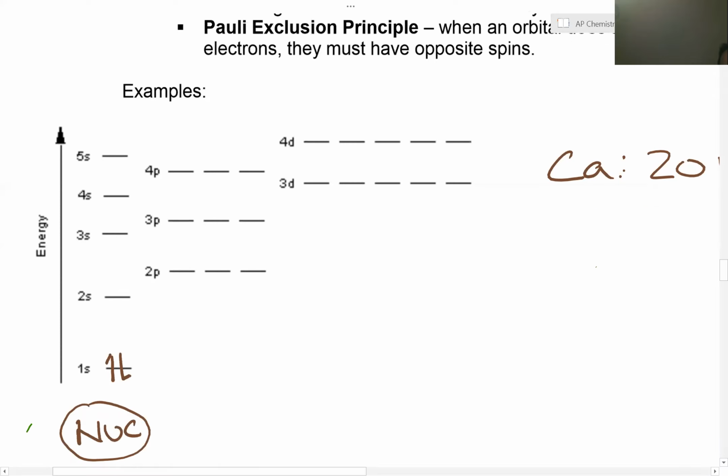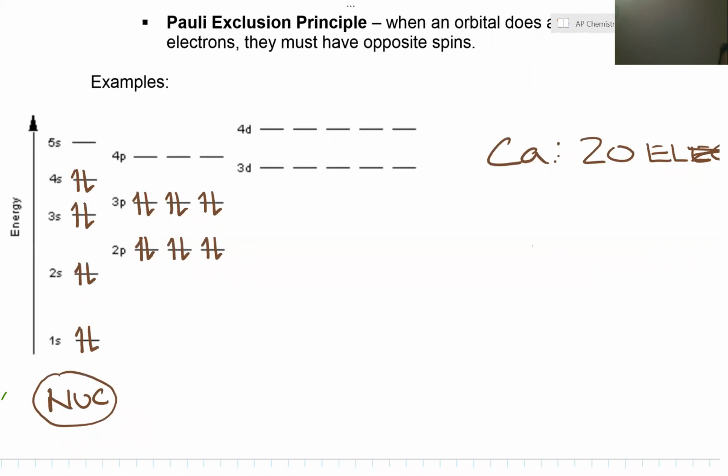Okay? Then that's 2, and then 3, 4, and then 5, 6, 7, 8, 9, 10, 11, 12, 13, 14, 15, 16, 17, 18, 19, 20. So all 20 electrons are filled in. So what we do is you just write it out.